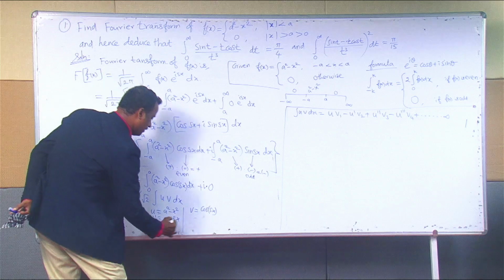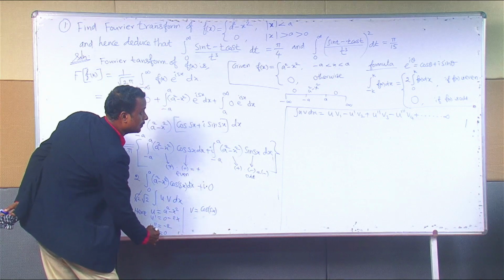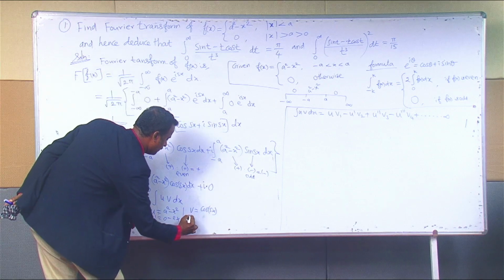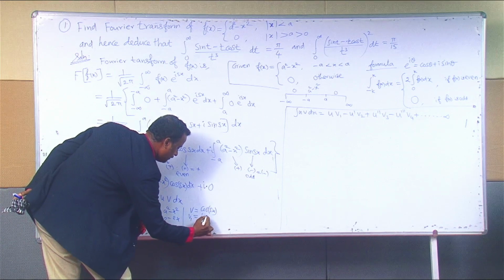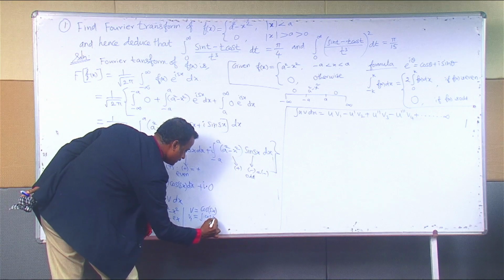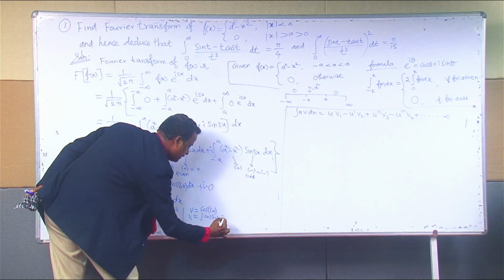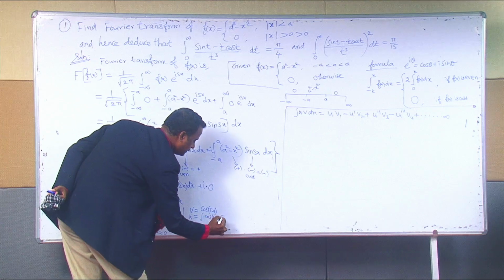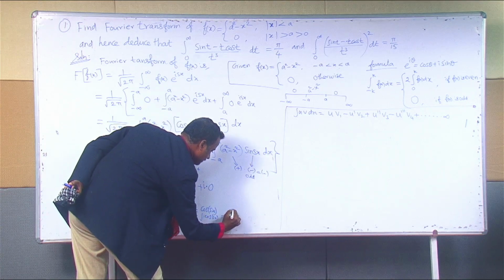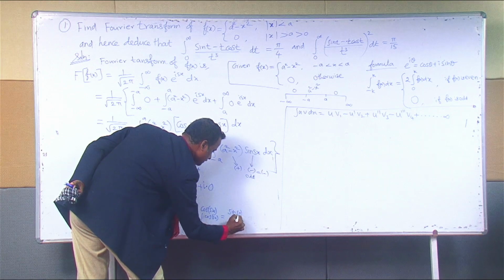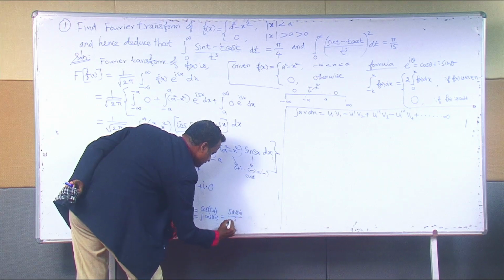Now v1, what is v1? One time integration of cos sx, which is integral cos sx dx, which is sin sx by s.